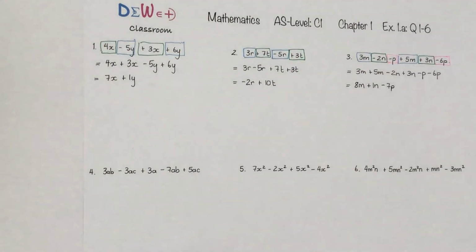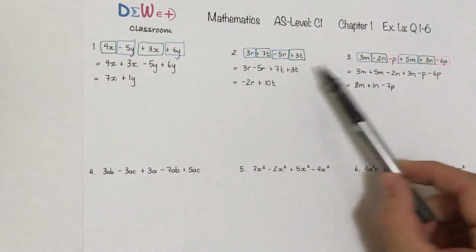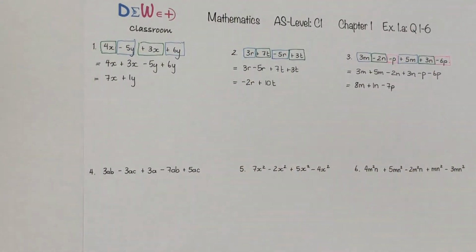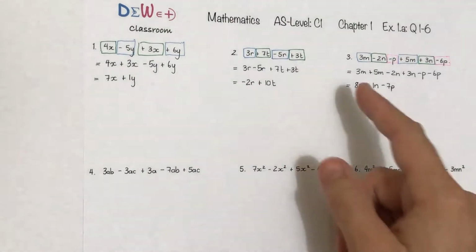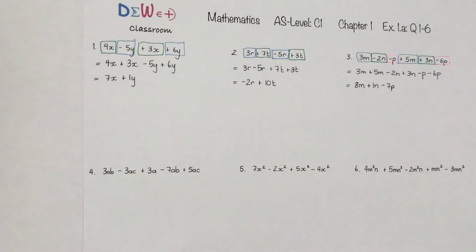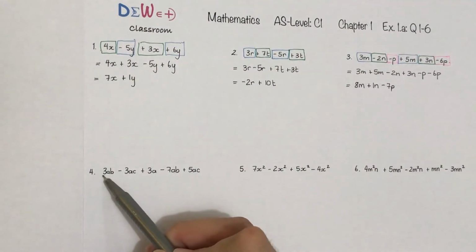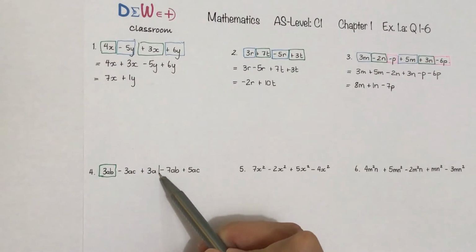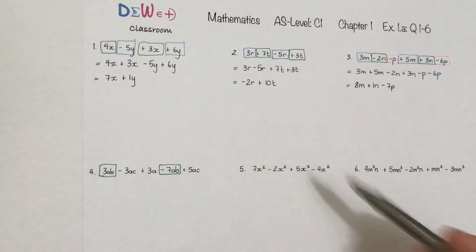We now move over to question number 4. In this case, I'm not going to write the second step as I did for questions 1, 2, and 3. By circling or putting a colored block around each term, you can save some time by skipping that step. So if we take a look at number 4, we have 3ab and minus 7ab.